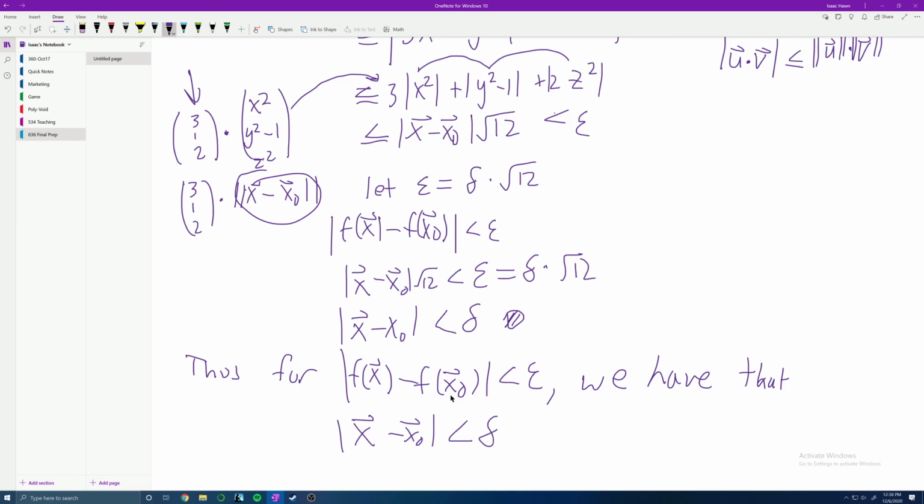So we have continuity at x naught. I guess that's the real end of the proof right there.